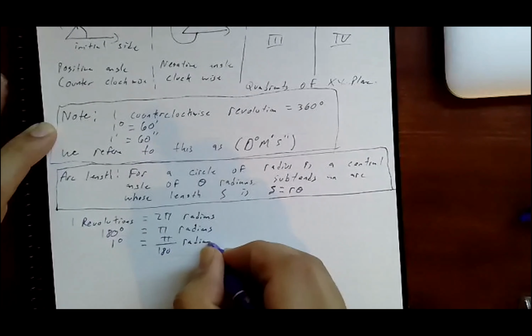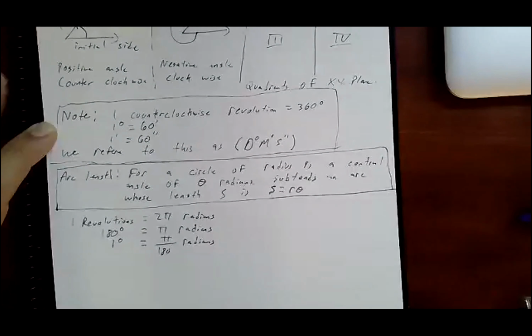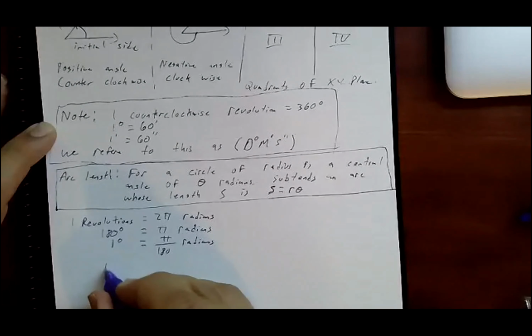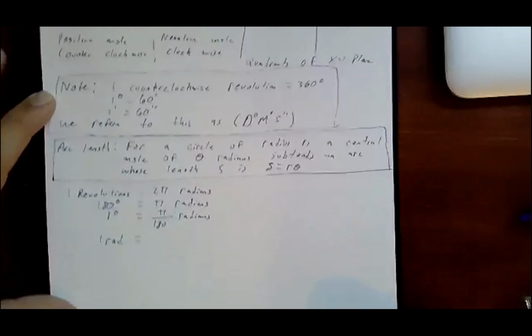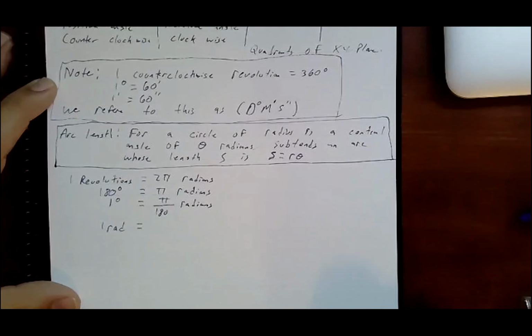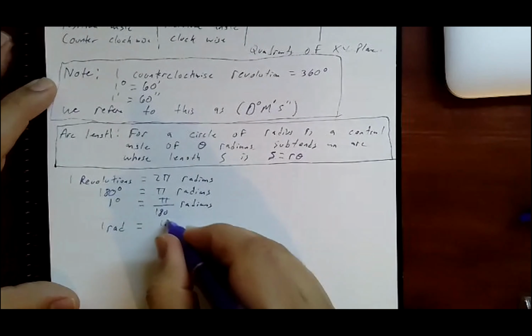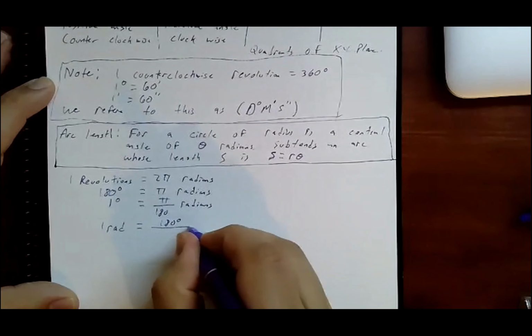We're going to need all these formulas later. And 1 radian, or sometimes called rad, is equal to 180 over pi.